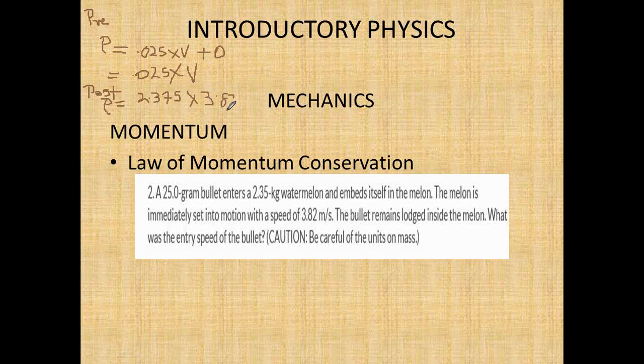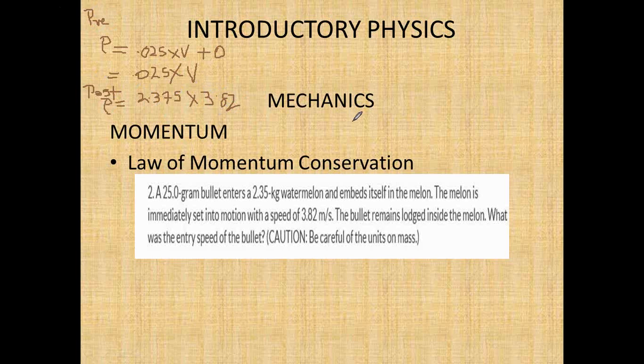Momentum is mass times velocity. Because the bullet is lodged inside the watermelon, the total mass is this, and the velocity you're given.